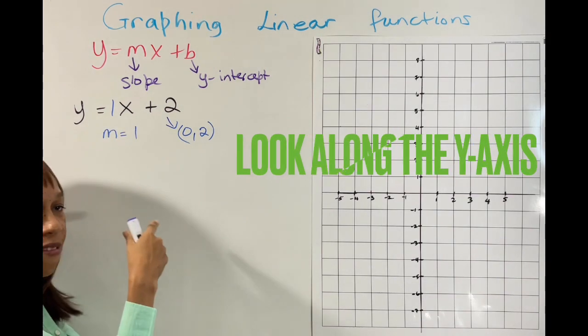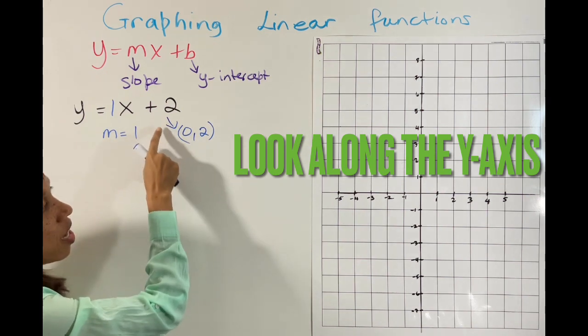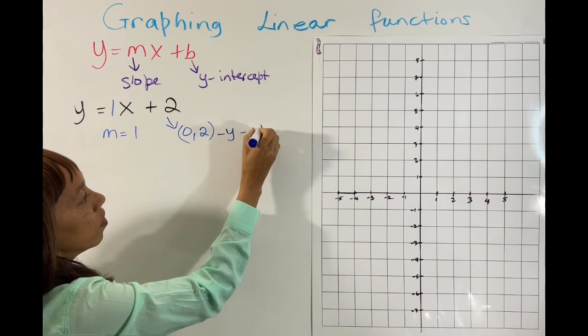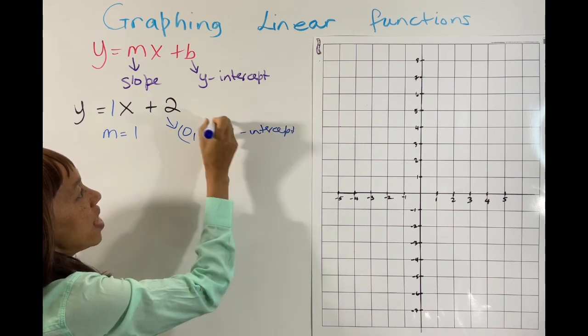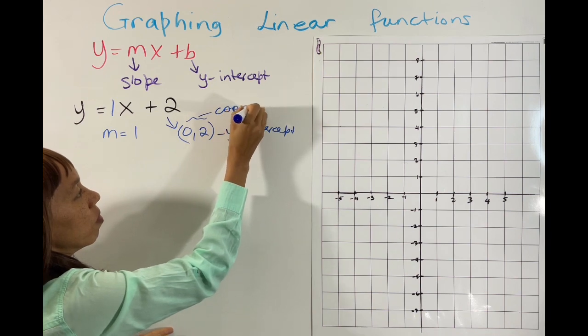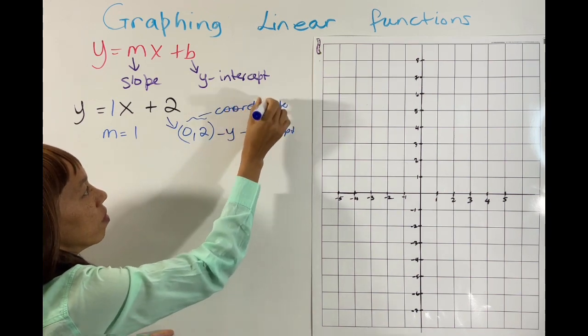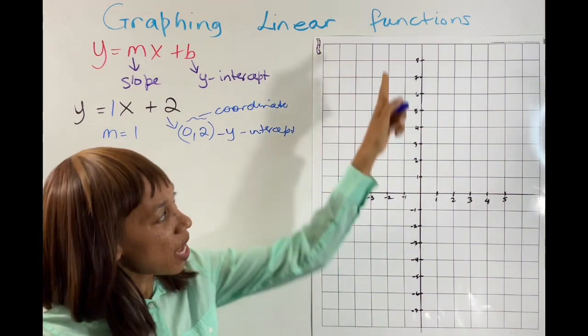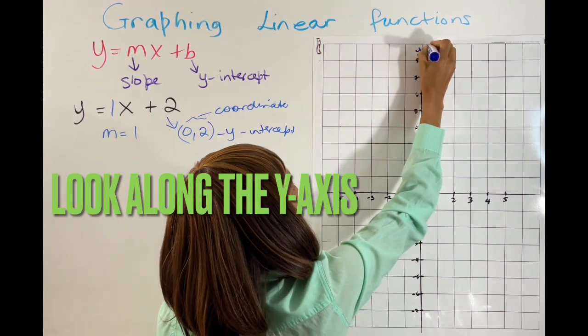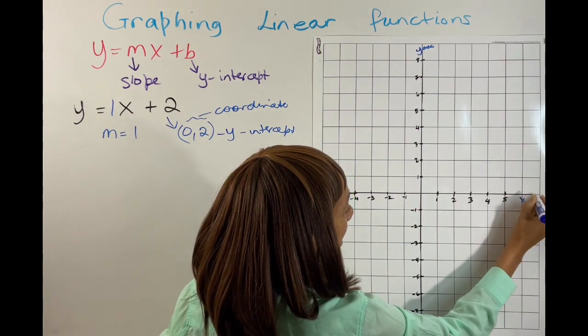So in order to graph this, we are going to always start with your b, which is called your y-intercept. And this is what we call the coordinate. So you must look along the y-axis, and this is going to be your y-axis. This will be your x-axis.